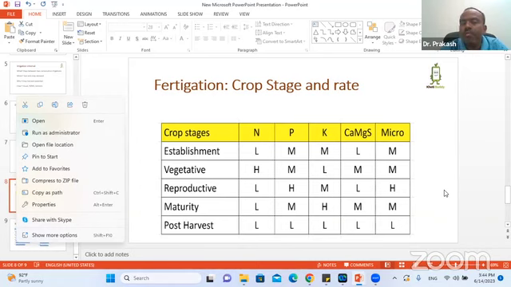So the timing as well as the rate, the major nutrient requirement of the crop, is decided by the stage of the crop.